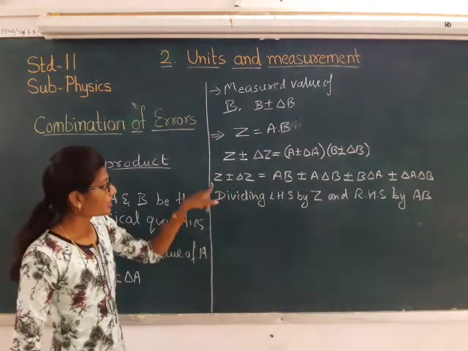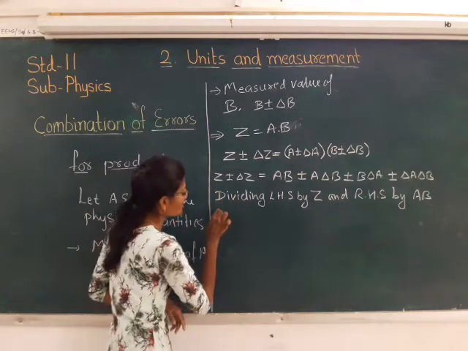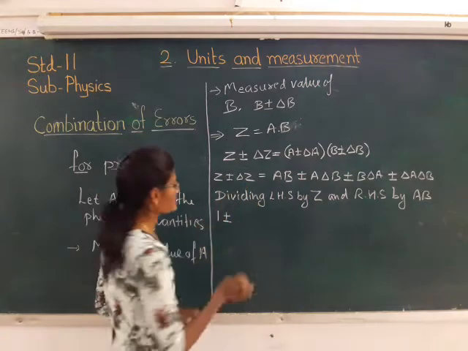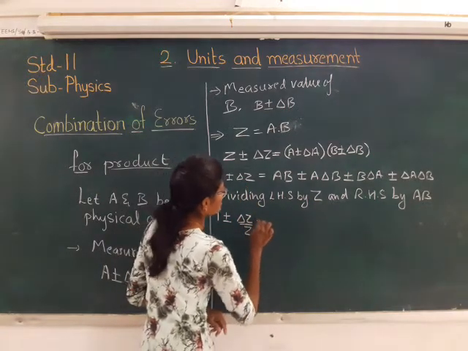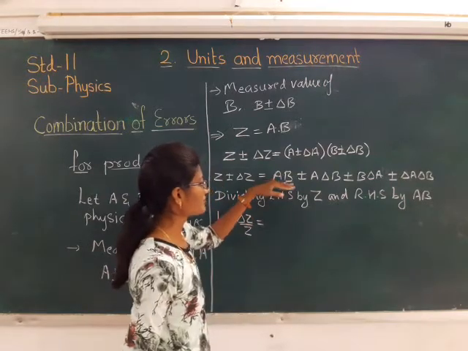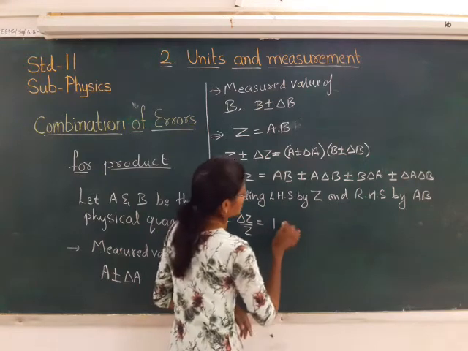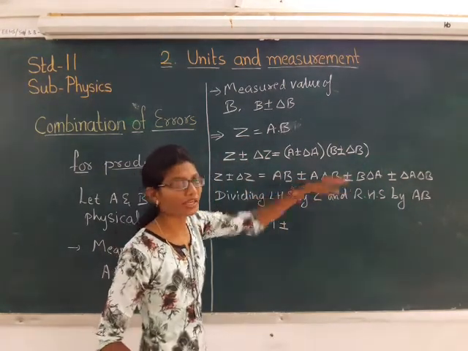First I will divide the first term by Z. So Z by Z will be 1, plus minus dividing the second term by Z, so that will be delta Z by Z, equals, now here the first term is divided by AB. So AB by AB will be 1, plus minus dividing this term A delta B by AB.